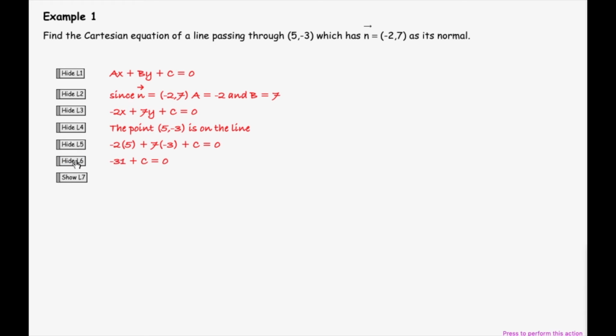That's going to take me to there. -31 plus c is 0. So we now know that c is 31, and then plugging all of that back into here, our Cartesian equation is -2x plus 7y plus 31 equals 0. That was example 1.